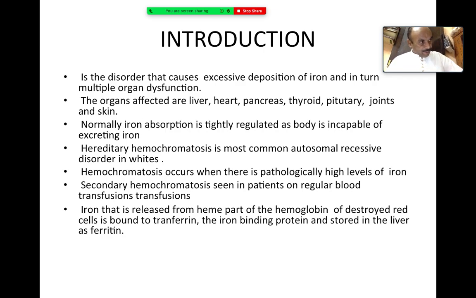That results in the release of the heme from the hemoglobin, and the iron moiety of the heme is taken up by the macrophages and stored in the liver as ferritin. And when ferritin is stored in excess, it is converted to hemosiderin.